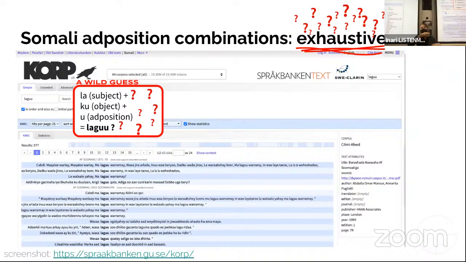Could that merge into lagu? Then I searched in a monolingual corpus, because I don't have any tagged ones. There are about 500 matches for this. So it seems to be a word, but I'm going to have to do more detective work to figure out if that's the word I thought it was.